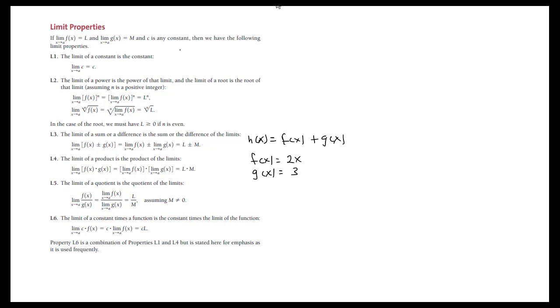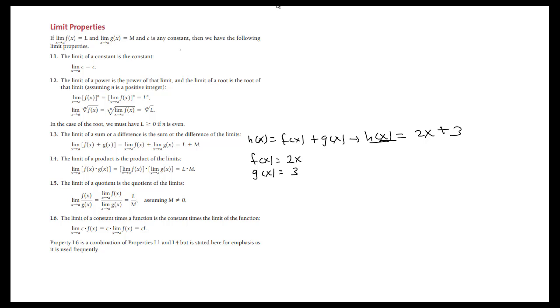That means the answer of the first limit plus or minus the answer of the second limit. How can we understand this? Let's say h of x is equal to f of x plus g of x, and f of x is 2x and g of x is 3. Then we can write h of x as 2x plus 3.